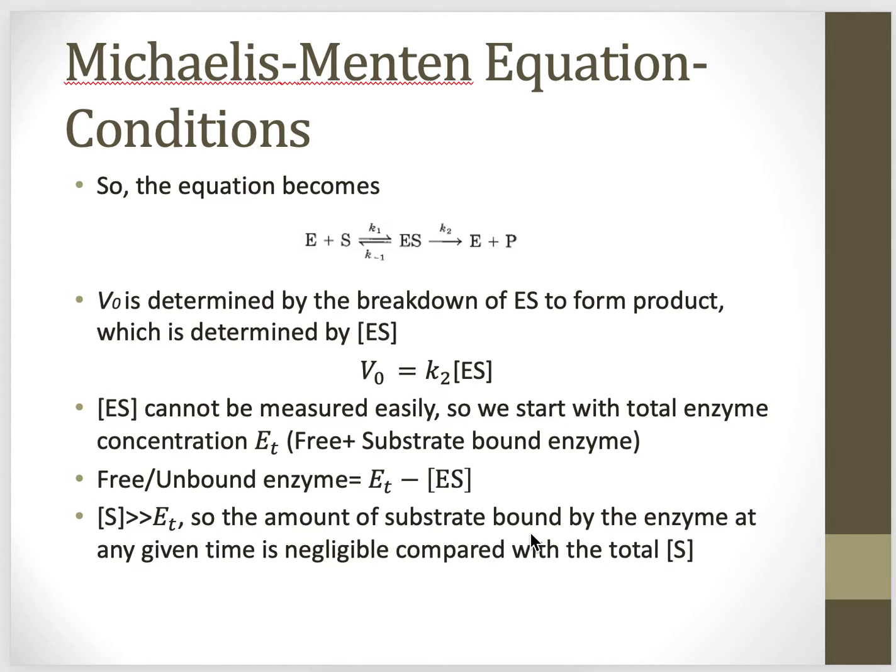The amount of substrate bound by the enzyme at any given time is negligible compared with the total substrate concentration, right? Because if the substrate concentration is very high, then the concentration of total enzyme will be almost negligible compared with the substrate concentration.